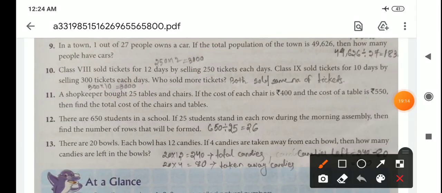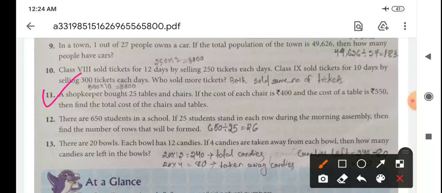Then comes to 11 number. A shopkeeper bought 25 tables and chairs. Means 25 tables and 25 chairs. If the cost of each chair is 400 rupees and the cost of a table is 550 rupees, then find the total cost of the chairs and table.